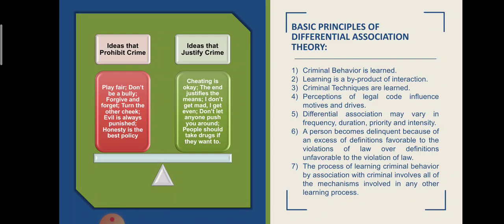This principle of association theory, as you have seen in the presentation, assumes that criminal behavior will occur when the definitions for crime outweigh the definitions against crime. We will tackle that one later. So what are the basic principles of differential association theory?